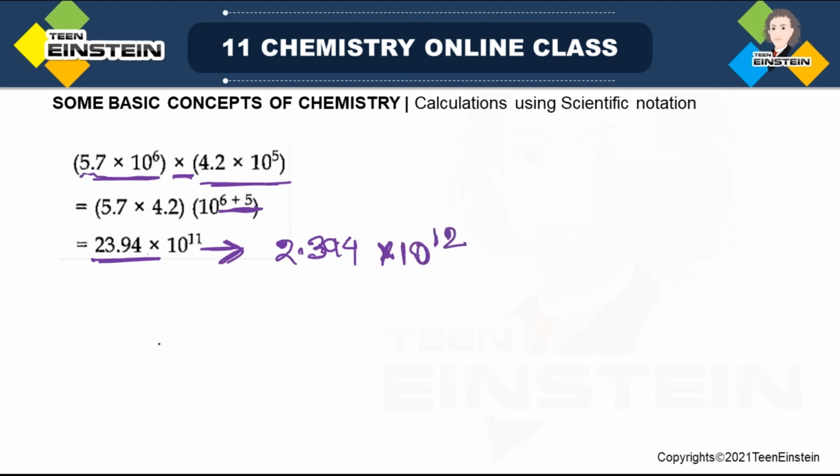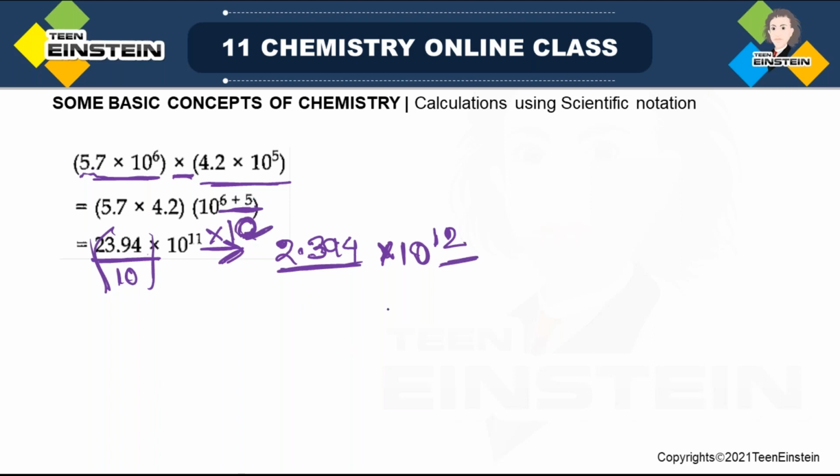Another way you can do it: as I have converted 23.94 to 2.394, that means as if you have divided it by 10, but you cannot do only this. You also have to multiply by 10. So just focus on this part, it is now becoming 2.394, and 10 to the power 11, one more 10, now it is 10 to the power 12.